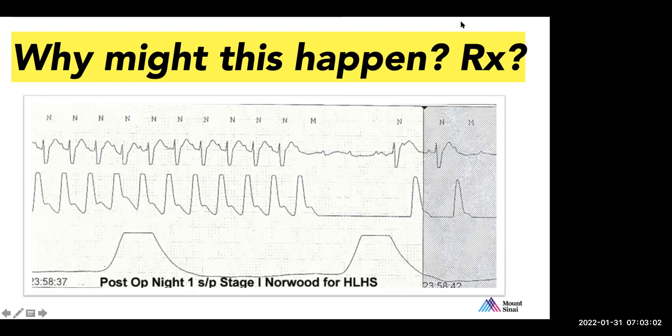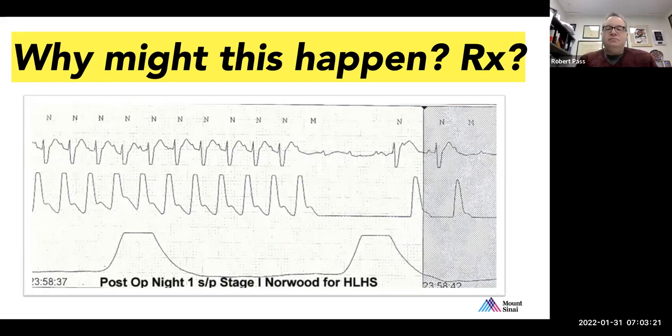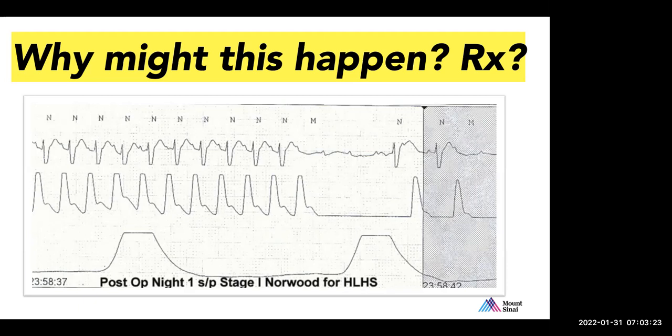And then I see a small Q, and then an R and deep S wave, followed by elevated T wave, and then there's a pause. There are P waves that are not conducted, for about three beats, and then it resumes again. The rhythm seems to be irregular.